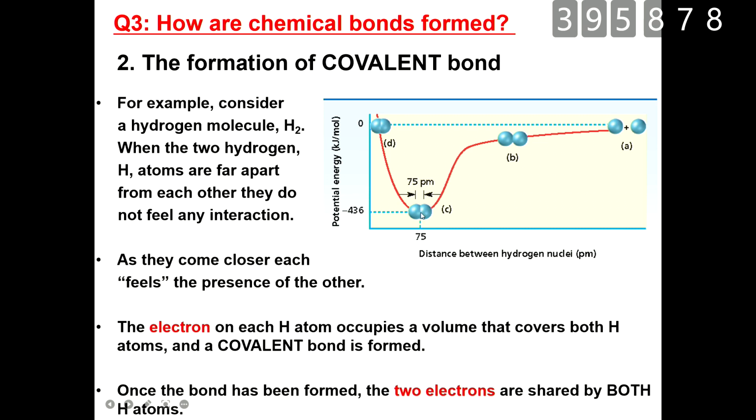This means they form a covalent bond. Once the bond has been formed, the two electrons are shared by both hydrogen atoms. So here we can see the formation of the covalent bond.